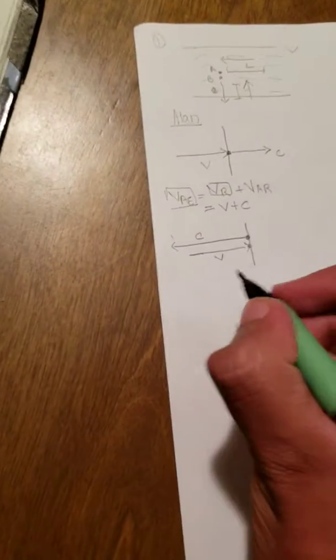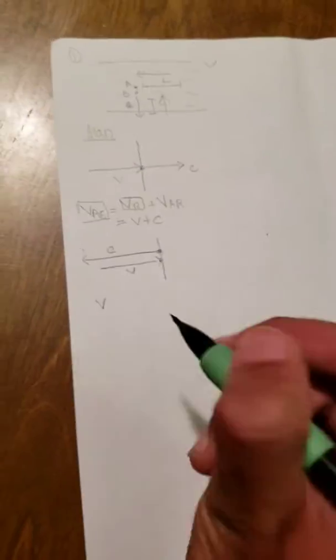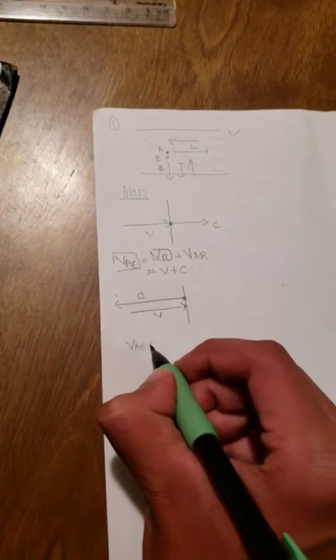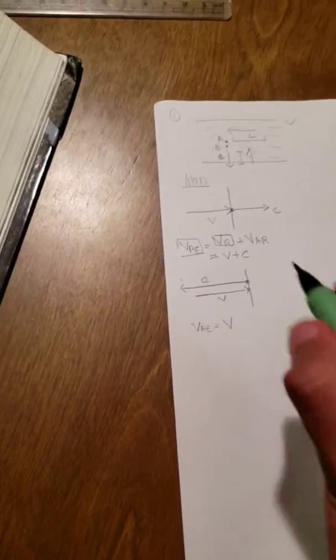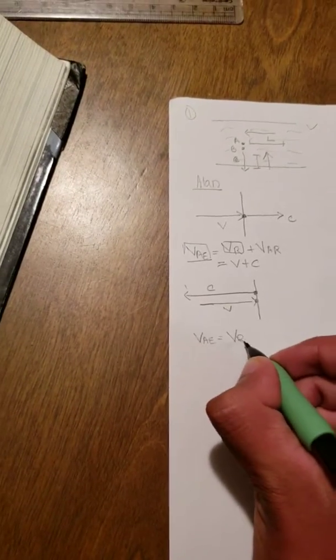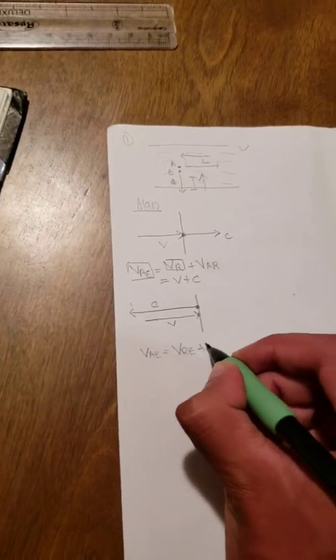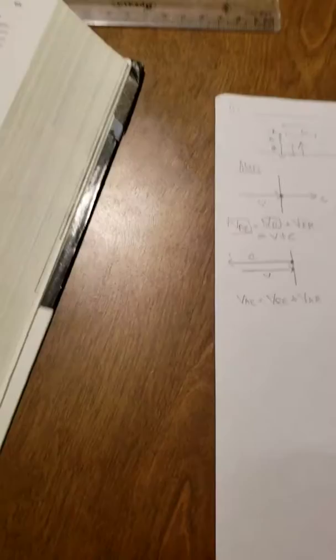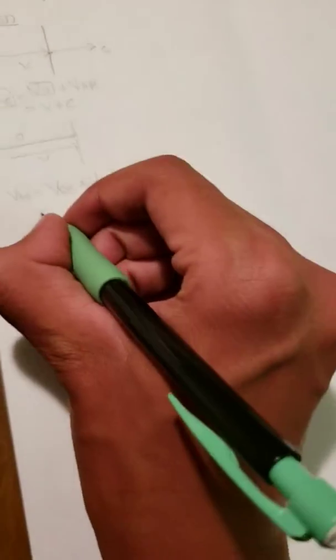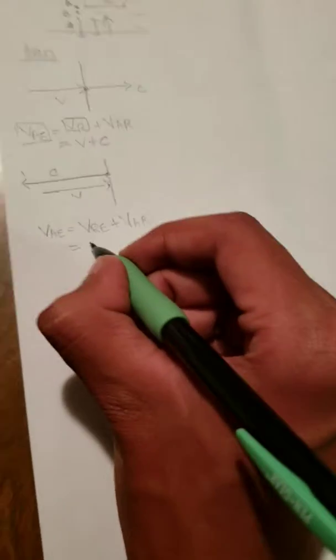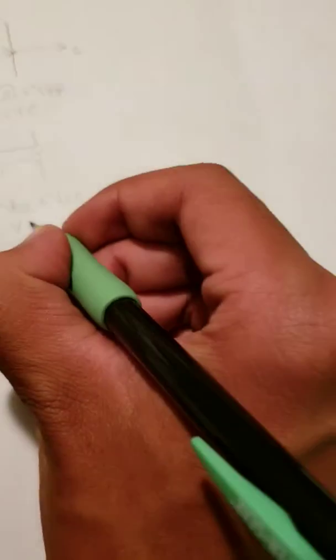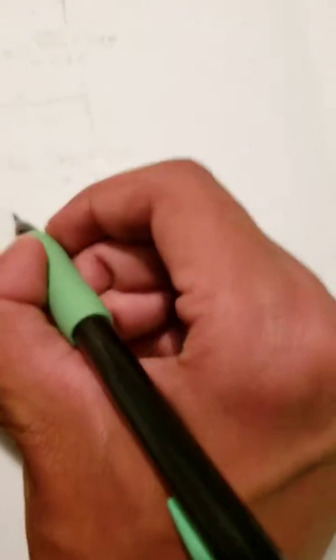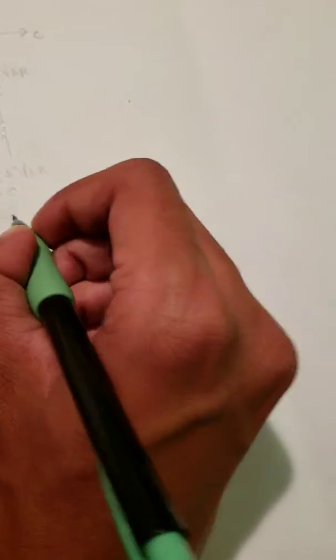Applying similar reasoning over here, we find that velocity of Alan with respect to the earth is going to be the velocity of the river with respect to the earth plus the velocity of Alan with respect to the river. Now in this case, the river is still moving to the right, so this is still going to be a positive v. However, in this case, Alan's velocity is moving to the left, so c over here becomes negative. Thus, her final velocity is going to be v minus c.